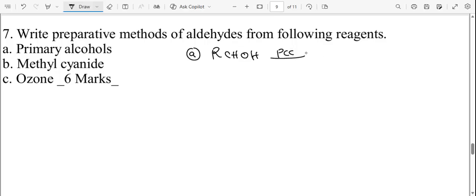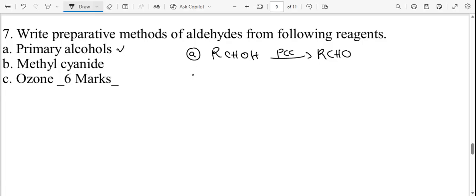Then what we form is an aldehyde. That's how it is done from primary alcohols.